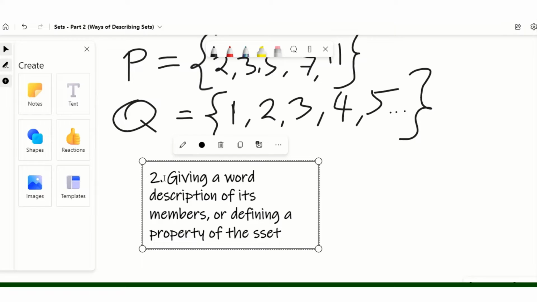of the set. Remember, in our first lesson, we spoke about a set being a well-defined collection of objects of the same kind. So we said a set should be well-defined. It should be a collection of objects, not just a single object, and it should be of the same kind.